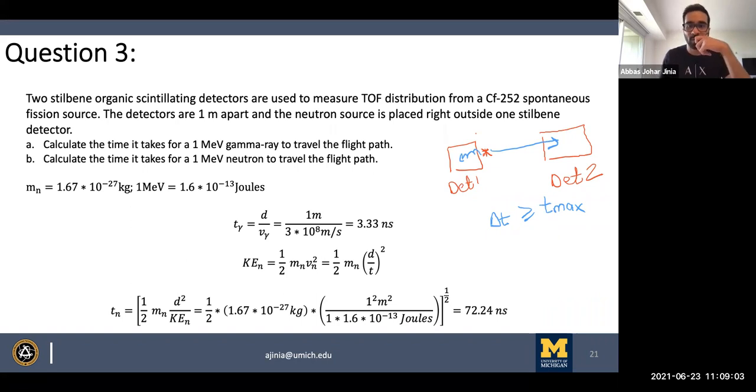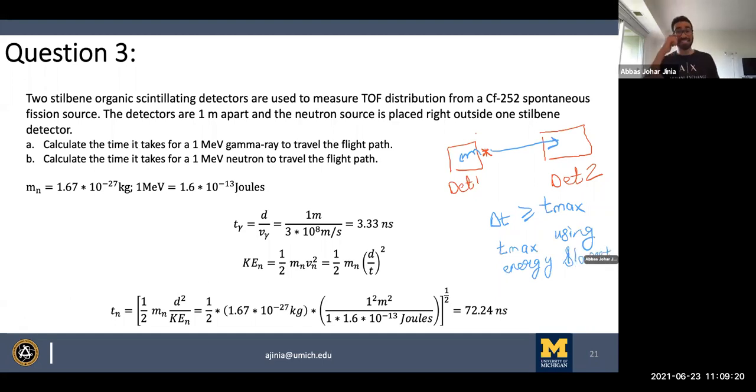Now, the question that we can ask is, how do I get T max? T max can be calculated using the energy of your slowest neutron, because the slowest neutron is going to take maximum time to travel this flight path.